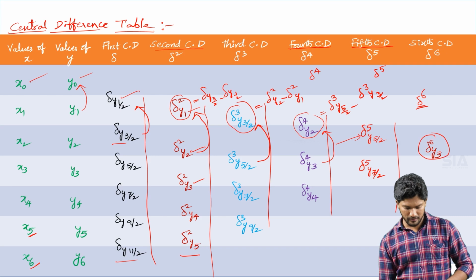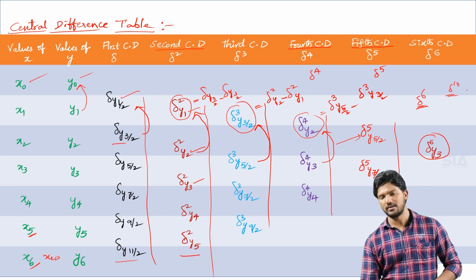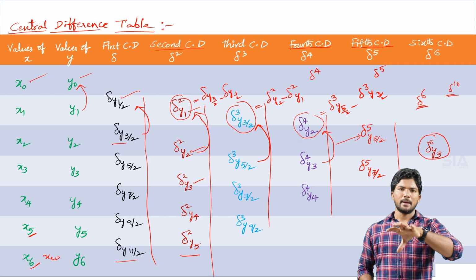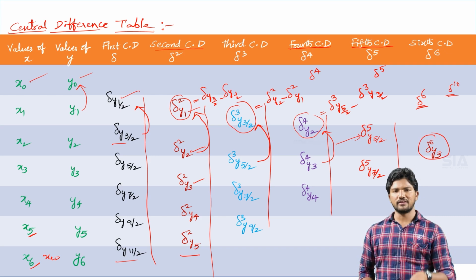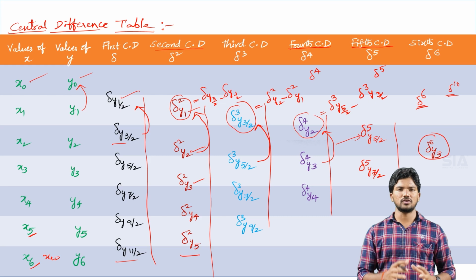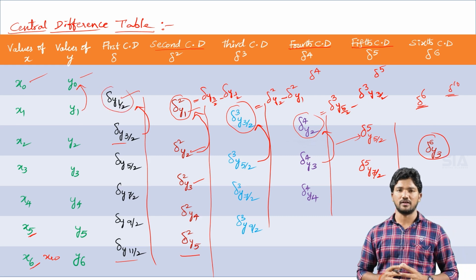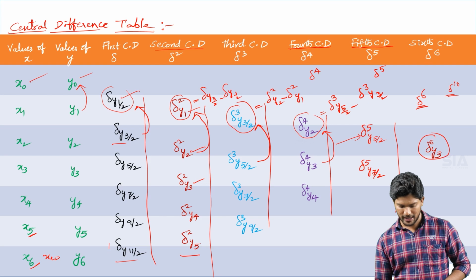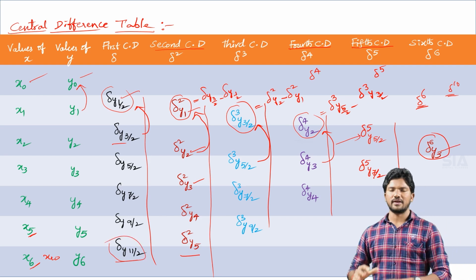If you end with x suffix 10, you will get the orders up to delta power 10. In problems based on this method, the x0 and y0 values they will give in table format. With the help of those values, we have to find each and every value, delta y suffix 1/2 up to delta y suffix 11/2. We have to derive all these values.